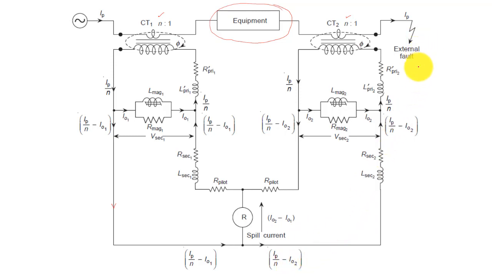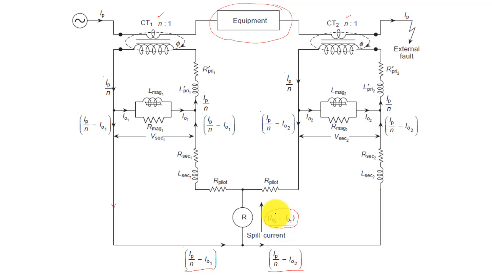This is for the external fault we are considering, and if we take the difference of these two currents, the spill current will be IO2 minus IO1.